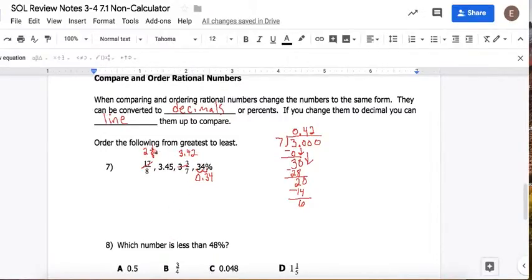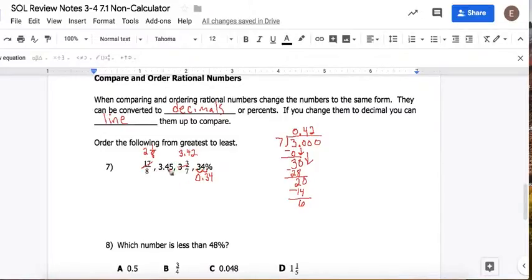Okay, now it says order the following from greatest to least. So look what we have here. We have one that starts with a 2, one that starts with a 3, one that starts with 3, and one that starts with a 0. So I don't actually need to know the decimal for this one, because I know it's going to come after the ones that start with 3, because I have no other number that begins with a 2.